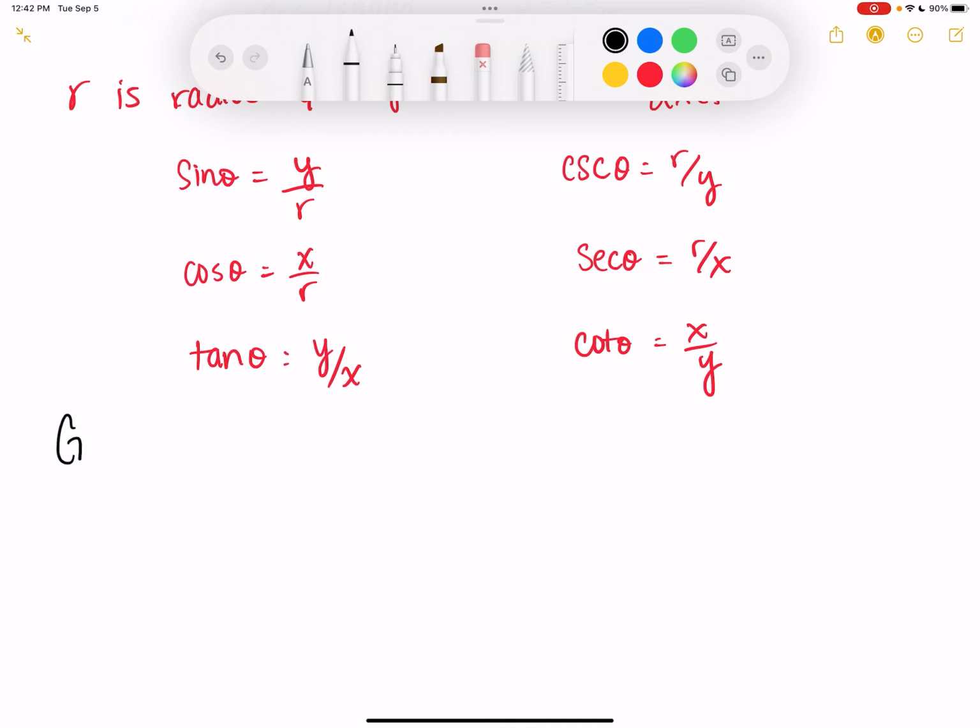Alright, graphs of trig functions. Now, I'm going to graph all 6.